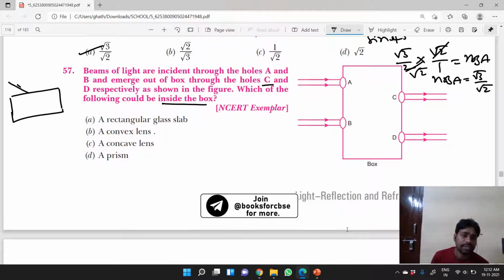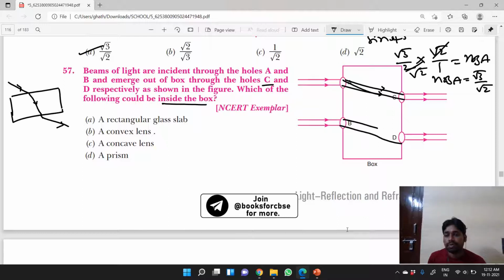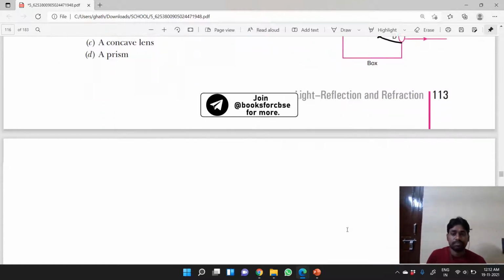If a ray of light is incident on the glass slab, after emerging also they will be parallel like this. Here also, if the rays of light are incident in this manner and they are emerging out parallel, then what could be in this position? We can say a rectangular glass slab.